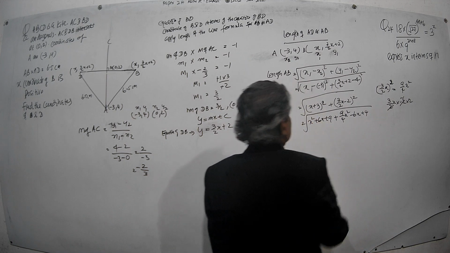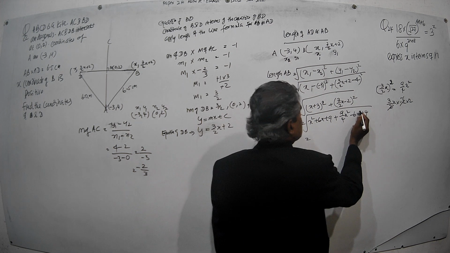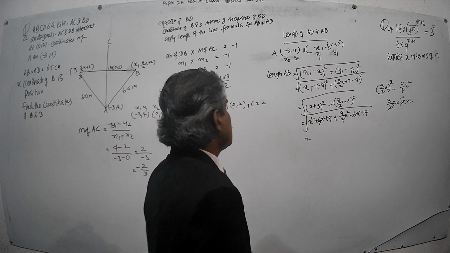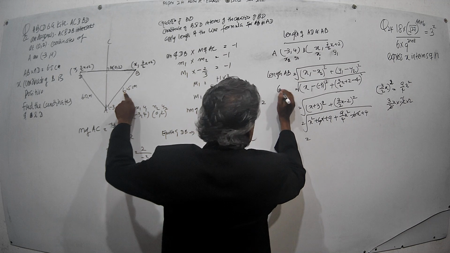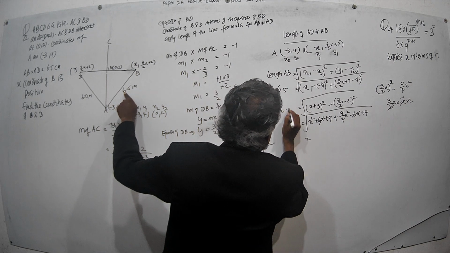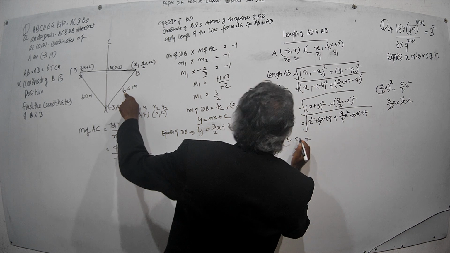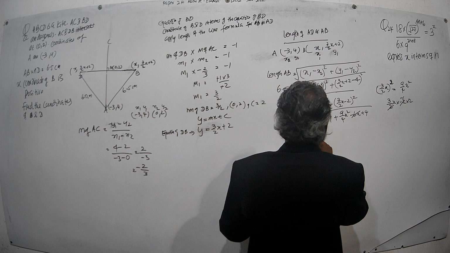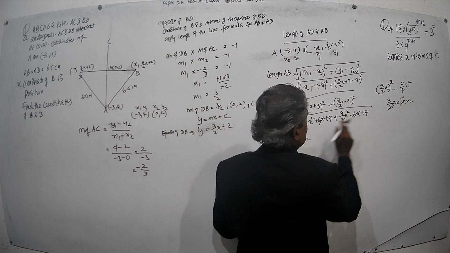Then here minus 6x and plus 6x can be cancelled. Right. Then the length of AB, this side we didn't put, right, that is 6.5. It's 6.5, length of AB is given. Then here x squared, and what is left now, this 9 and 4 can also be added, that is 13.